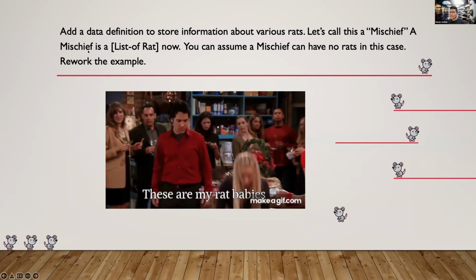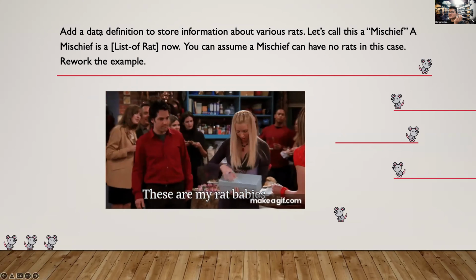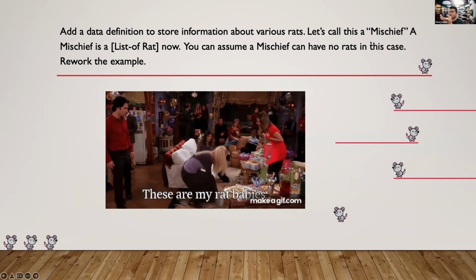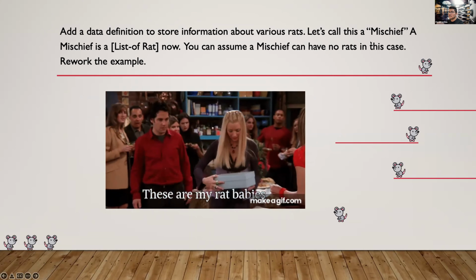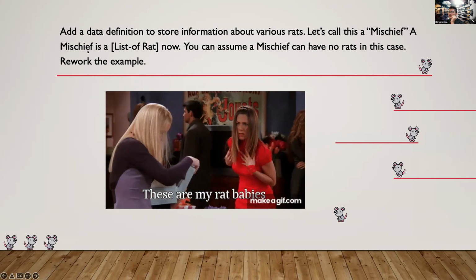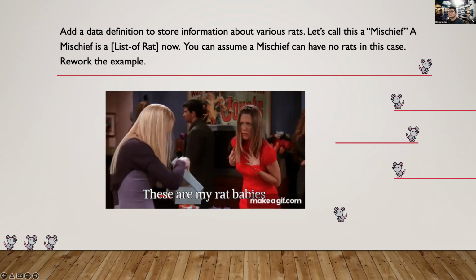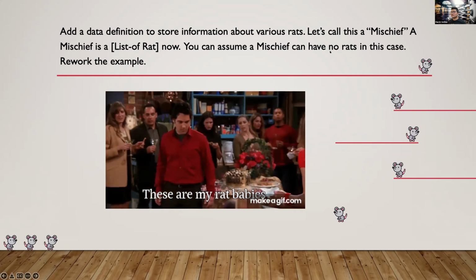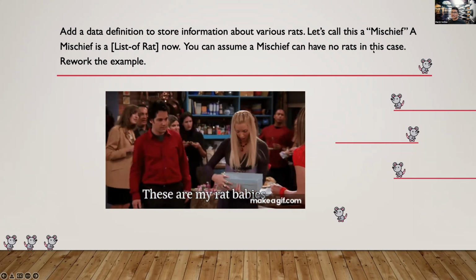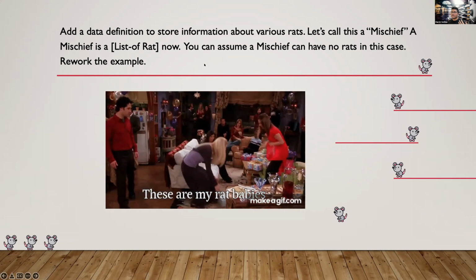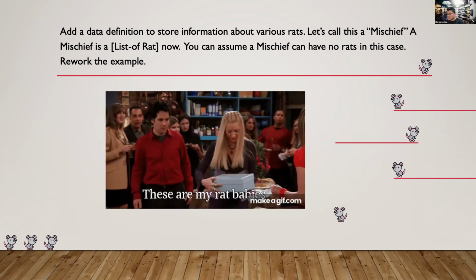Cool. So what we're going to do next is use the same mischief recursive data structure, and we're going to write a mischief that is now a list of rats. You can assume that a mischief has no rats in the base-most case, and we can start off by reworking the example.